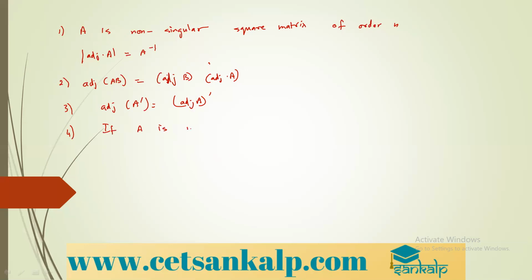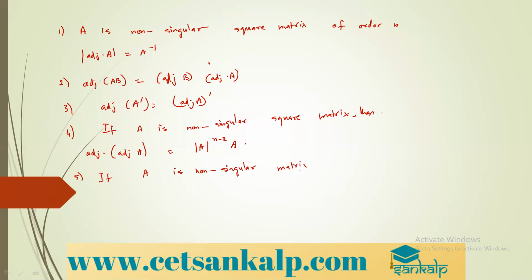Again, if A is a non-singular square matrix, then adjoint of adjoint A will be equal to determinant of A power n minus 2 into A. If A is a non-singular matrix and is symmetric, then A inverse is also symmetric.